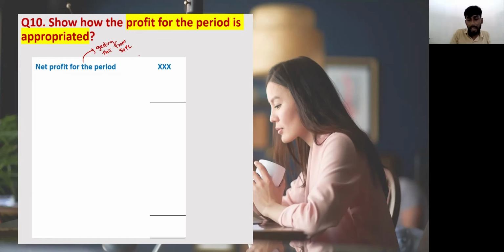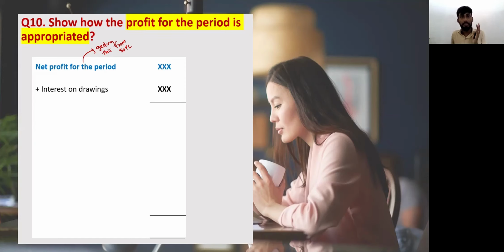Okay. And then we are adding interest on drawings. Now, you know, in a sole proprietorship, if the owner takes goods or cash for personal use, we consider it as a drawing.